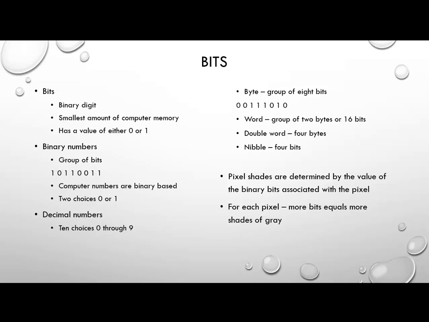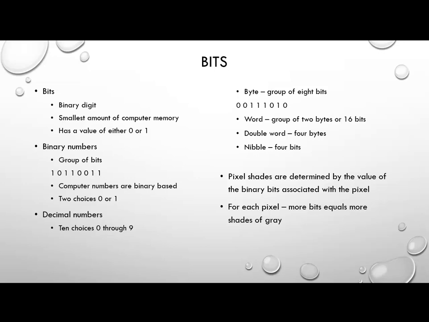So there's either 0 volts, or if it's a turned on bit and it's a 1, it generally will have 5 volts, and these are controlled by transistors. So when you hear about computers being able to have millions or billions of transistors, this is what they do with them: they make bits out of the transistors.